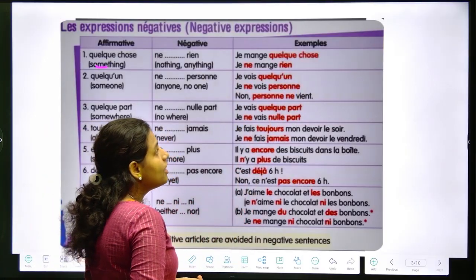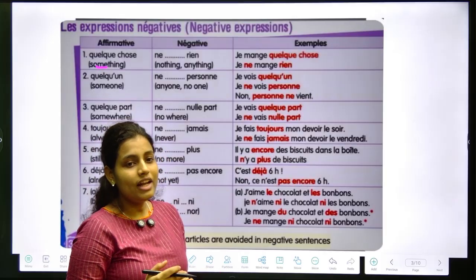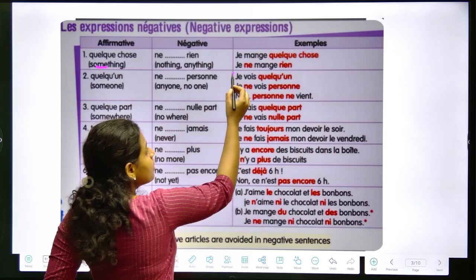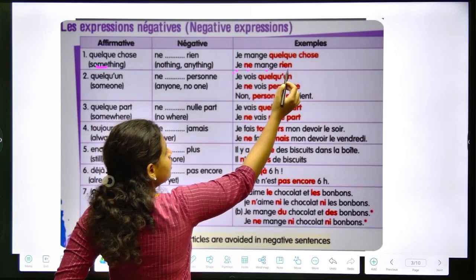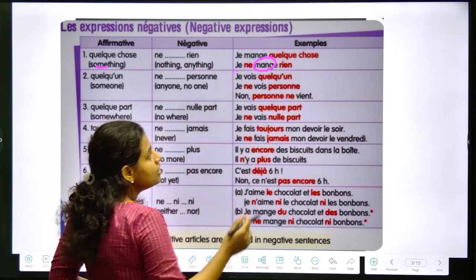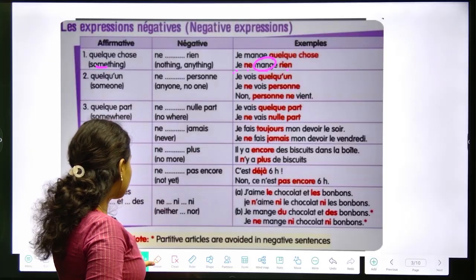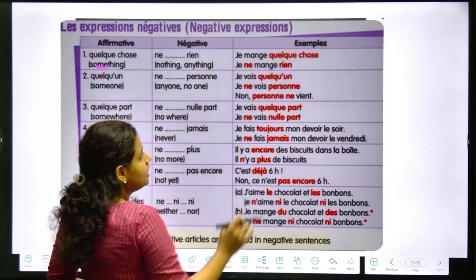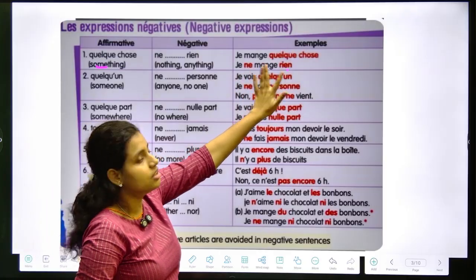This means, I eat something. So when you negate, you simply say je ne mange rien. Your verb, as always in your basic negation, comes in between the markers, and then we have the markers ne and rien.